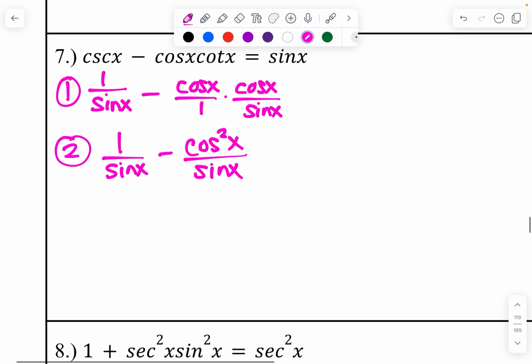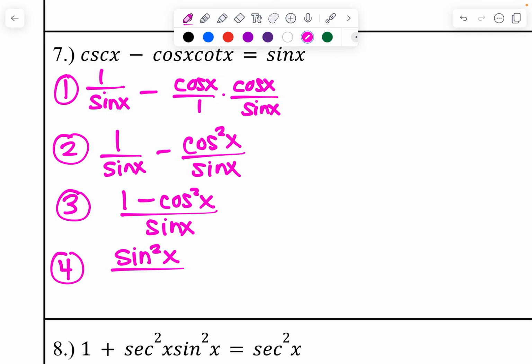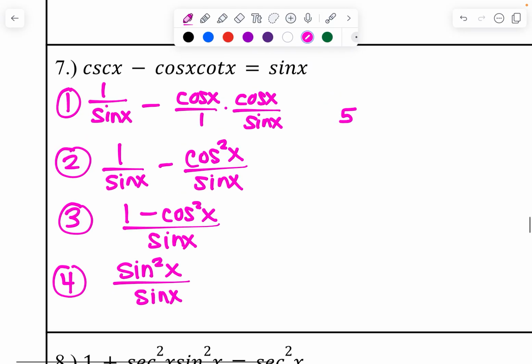So they already have a common denominator. We can go ahead and combine them into one fraction. 1 minus cosine squared of x over sine of x. Well, 1 minus cosine squared is really sine squared of x over sine of x. And so one of those sines will divide out from top to bottom, and we're just left with sine of x.